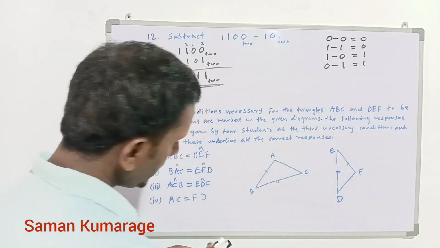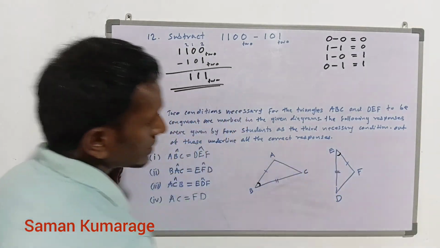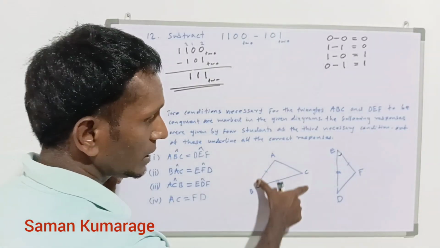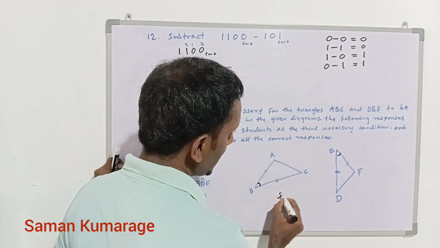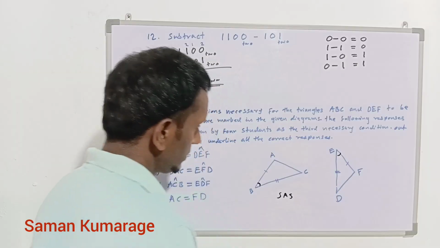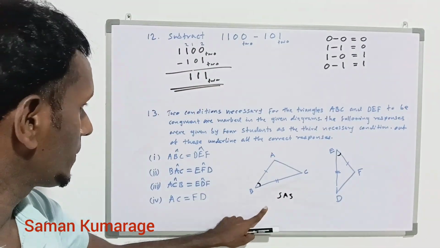So if we can make these angles equal, we can make these two triangles congruent under SAS. That is the fifth theorem we study.